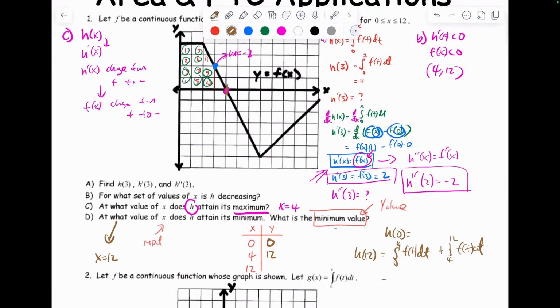We know this one is 12. Now we have to figure out from 4 to 12. Is it positive or negative? Negative, because it's below the x-axis.